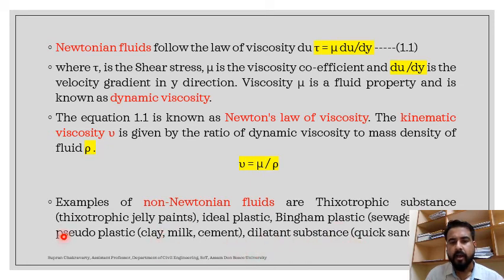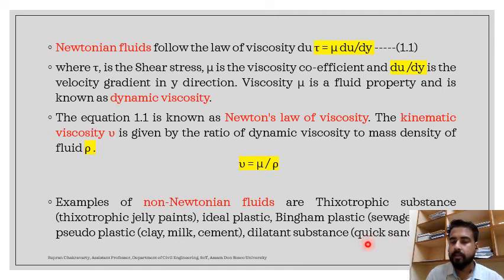All these objects that we are seeing are actually artificial objects. This is not very easily found in real nature. That's why non-Newtonian fluid very rarely exists in nature. But quicksand, as you can see, is written here.